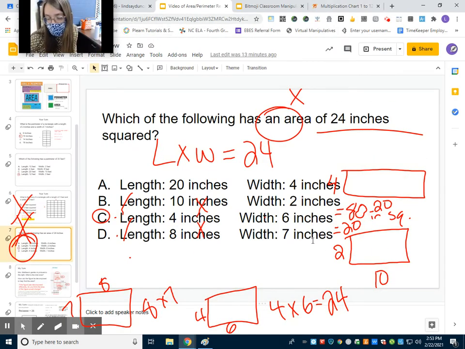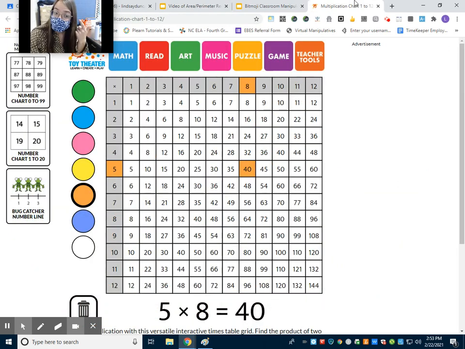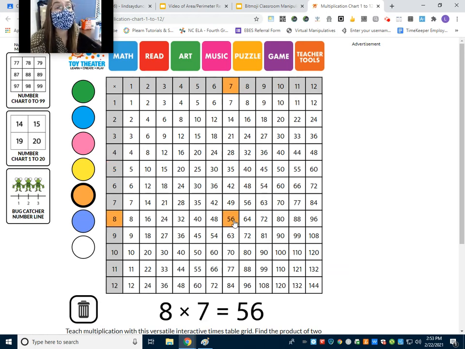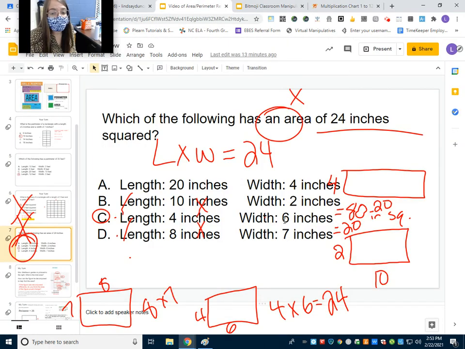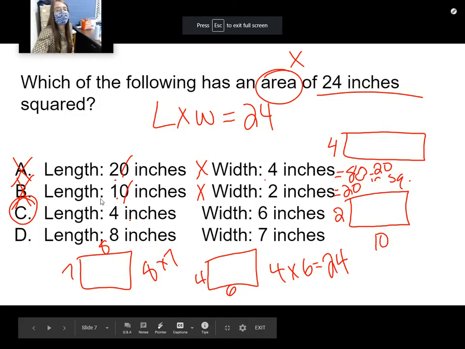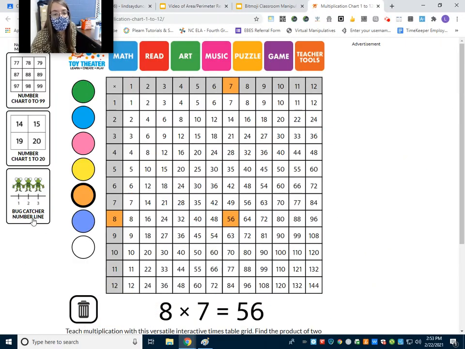So always check your chart to make sure. Let me double check 8 times 7, because I think I know what it is, but I want to make sure. I think it's 56, but let's check. 8 times 7, yes, is 56. So since 56 is not the same as 24, it's not the best answer. So the best answer is C. 4 times 6 is 24. We can check that on our chart. 4 times 6, yes, is 24 inches squared.